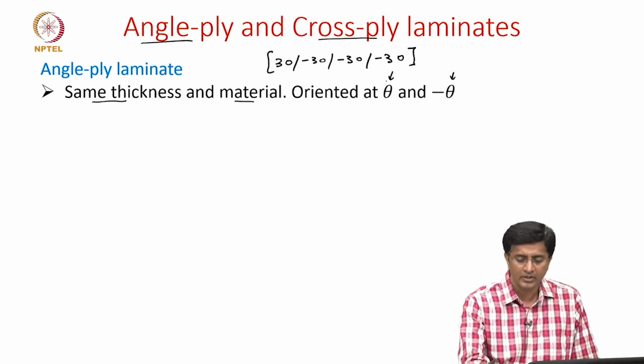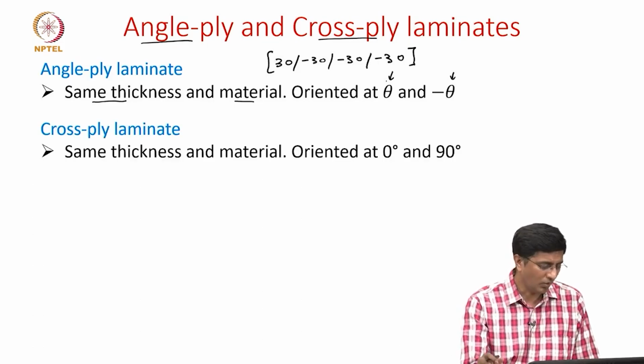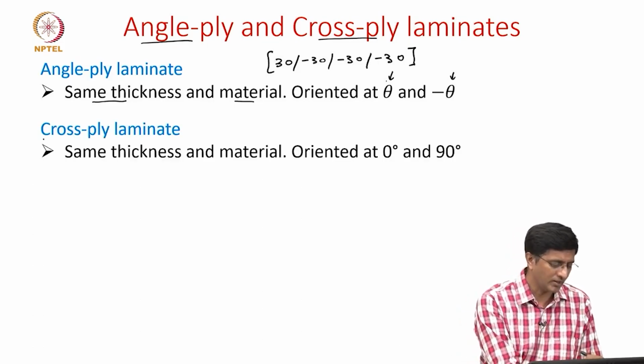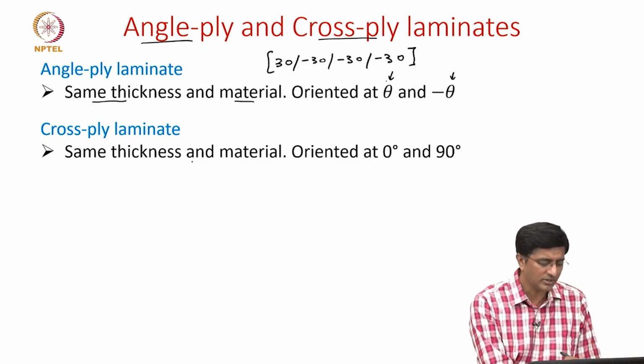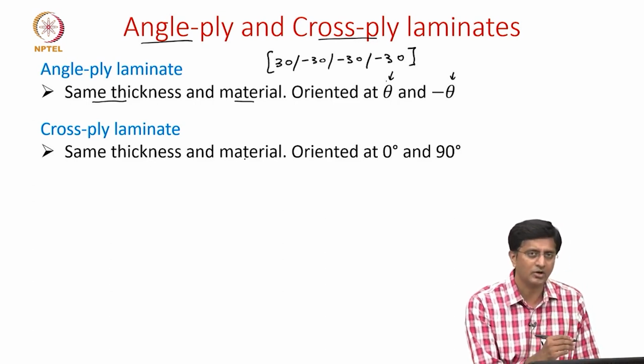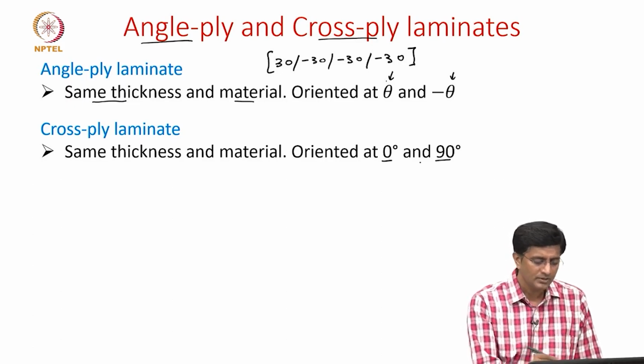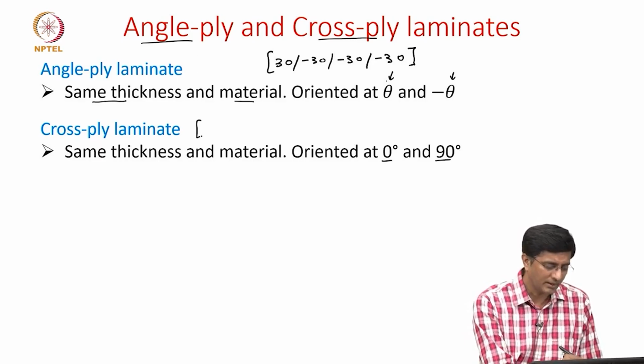Next we look at what we call a cross-ply laminate. Here again all layers are of the same thickness and material, but the orientation angles are either 0 or 90. For example, I can write 0, 0, 90, 0.